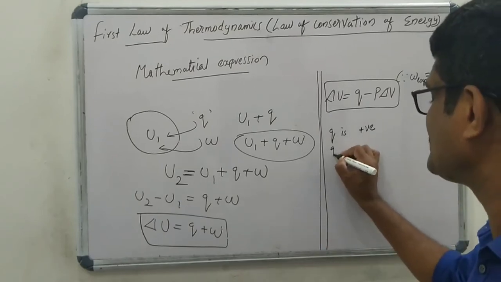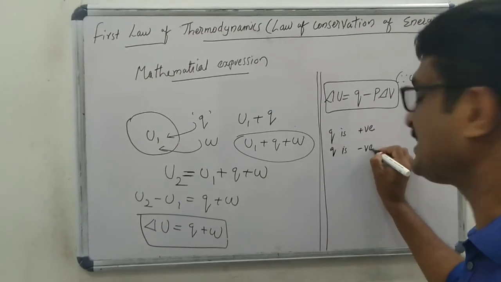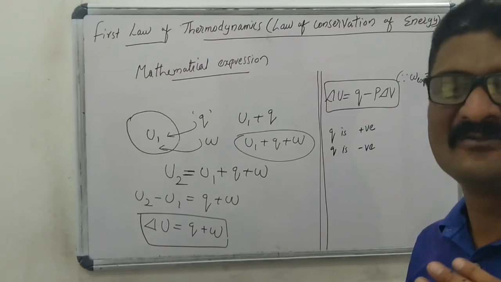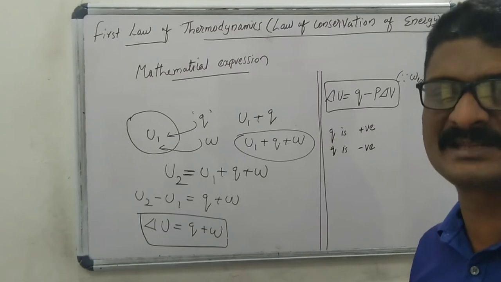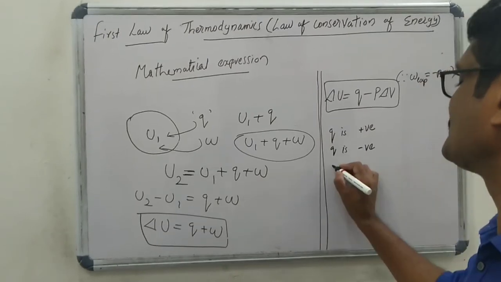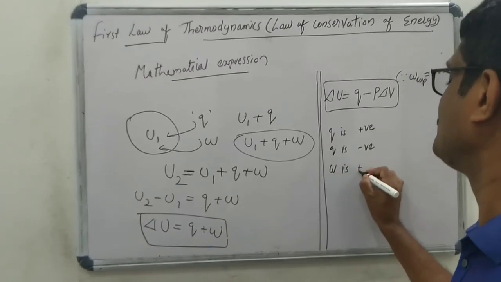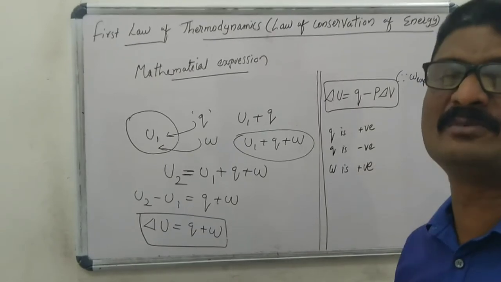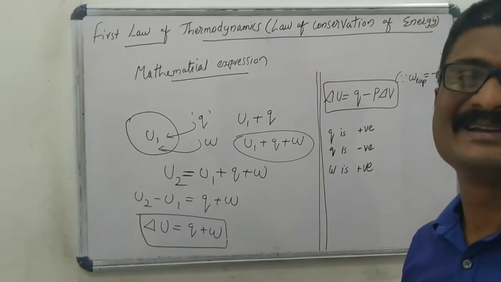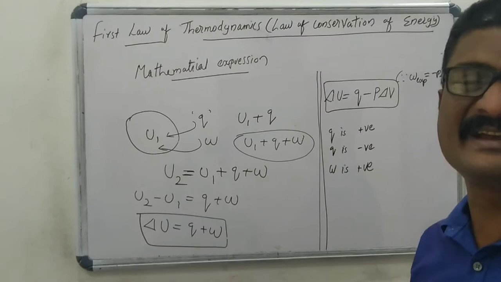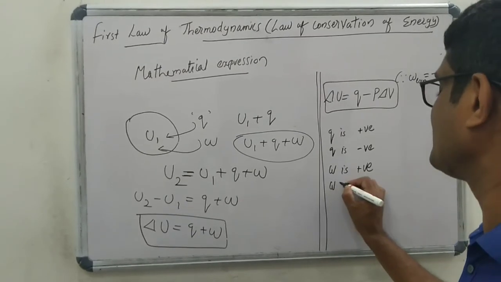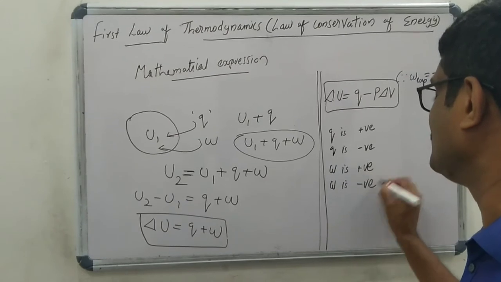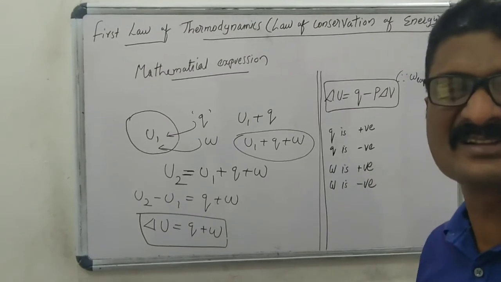The heat change Q is negative when the system releases heat to the surroundings, and W is positive. The work done W is positive if work is done on the system, and the work done W is negative if work is done by the system.